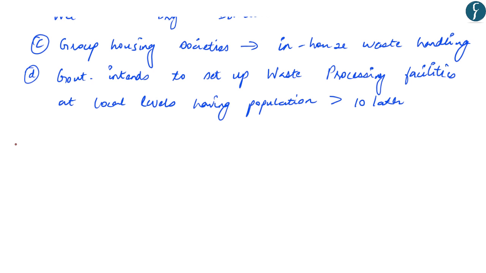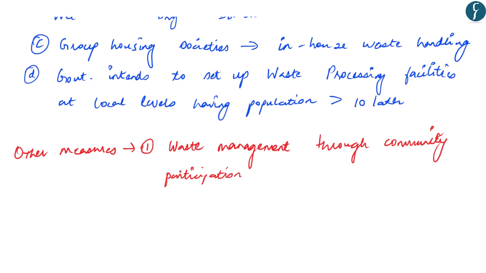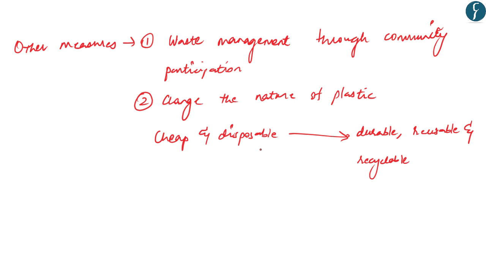Also, apart from these measures, some other measures can also be adopted in order to control microplastics. For example, waste management can be achieved through community participation. This will be very fruitful as it will also help in generation of employment opportunities. And also, there should be a stress on changing the nature of plastic from cheap and disposable plastic to durable, reusable and recyclable plastic.